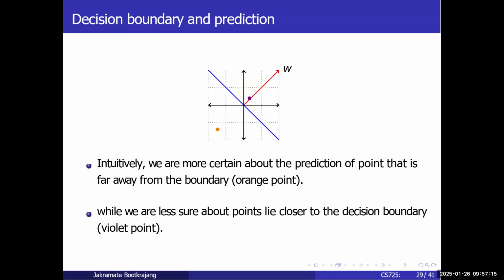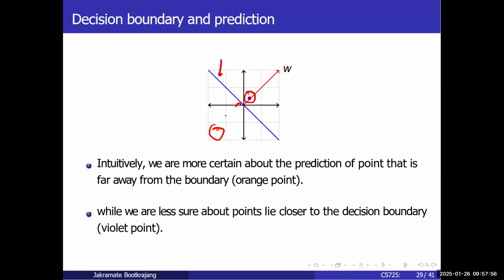So intuitively, we are more certain about the prediction if the point is far away from the boundary. I have the boundary here, the purple point here, and the orange point here. When I make a prediction, of course, the purple point would be positive and the orange point would be negative. But I am more confident that the orange point is negative than that the purple point is positive.